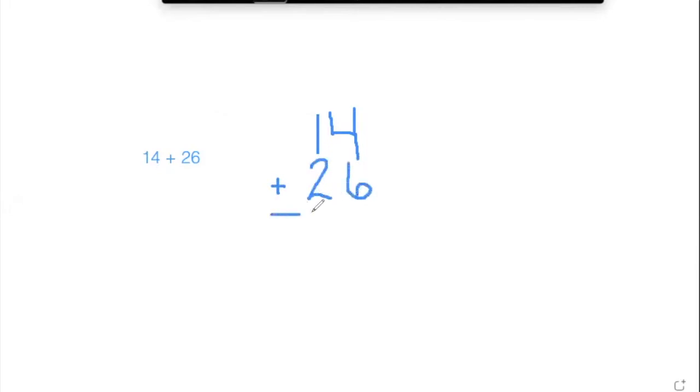Ooh, this one is going to be tricky. I would say for this one, let's go ahead and draw a picture. So my first group is 14. So I have one group of 10 and 4 ones. 1, 2, 3, 4.